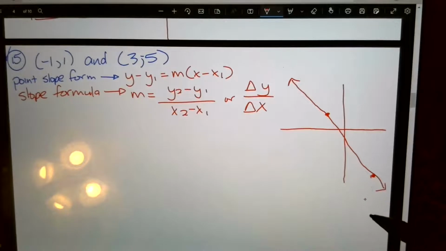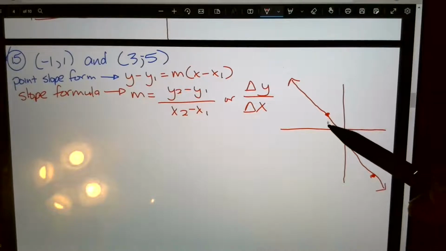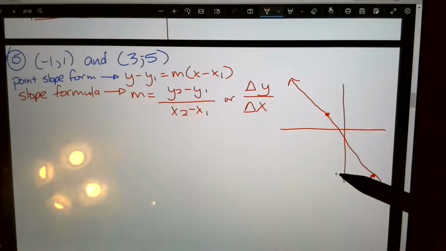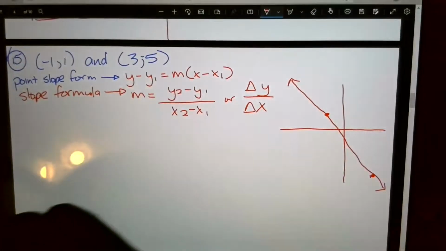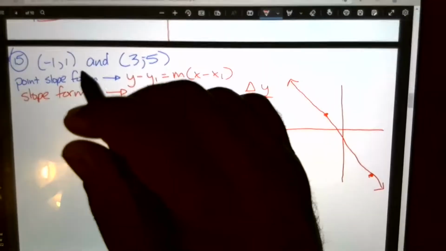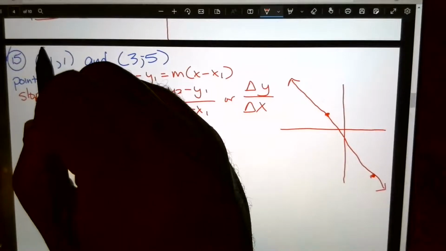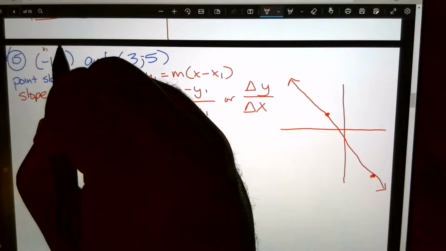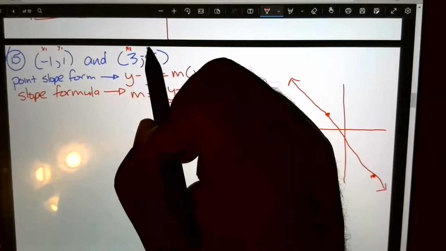This is what it looks like. So you can find the slope by counting, starting here, and then going down to here, and then over to there. This is like rise over run, but it's an easier way to do it if you have a picture. But if you look at the points, you can see. I feel like I'm doing too much, but let's just say that this is x sub 1, this is y sub 1, this is x sub 2, this is y sub 2.